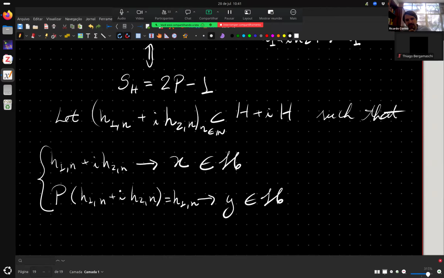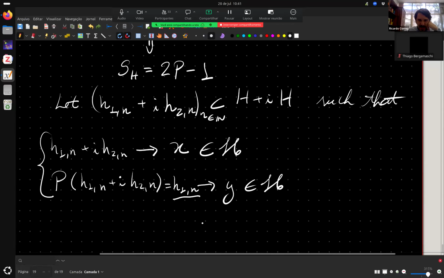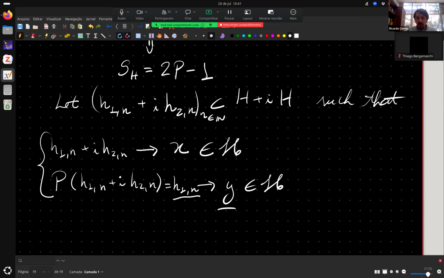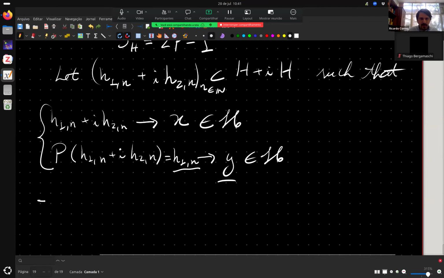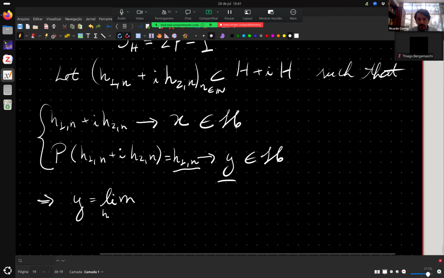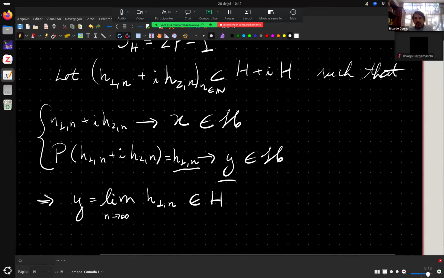Now things are getting more interesting, because I have a sequence h1n which lives in h and converges to y. So y, which is the limit as n goes to infinity of h1n, belongs to h, because h is closed.